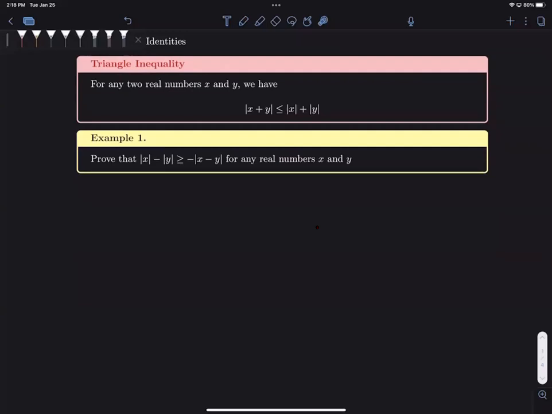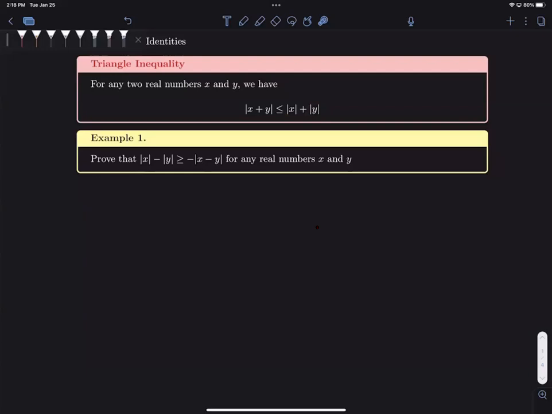It says for any two real numbers x and y, we have the absolute value of x plus y is less than or equal to the absolute value of x plus the absolute value of y. As I mentioned in AGM, your x and y are not necessarily just x and y, they could be anything.